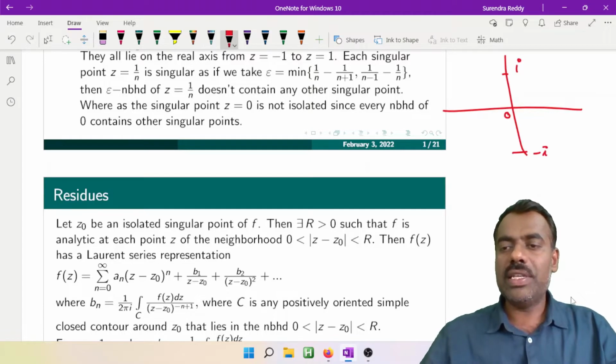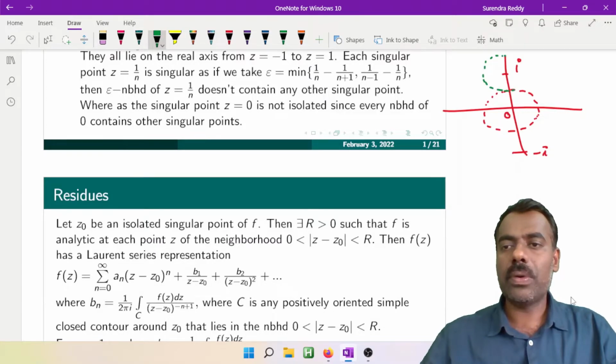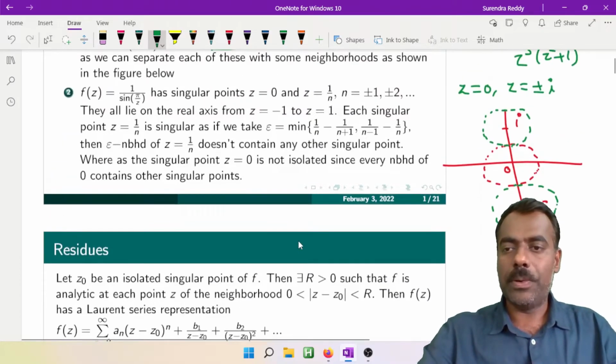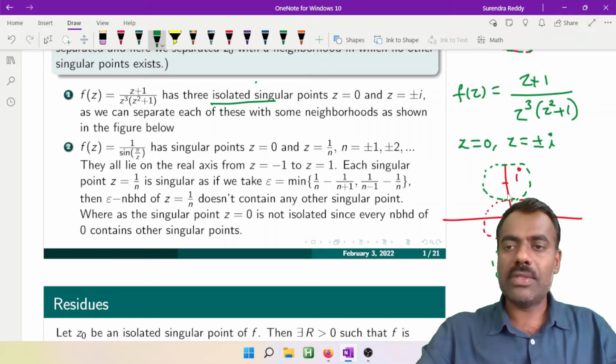We can intuitively check: take radius half, then that neighborhood does not contain i and minus i. Similarly, we can take a neighborhood around i with radius half. Also here similarly, so you can see that these 3 singularities we can separate by a particular type of neighborhood. Therefore these 3 are singular points which are isolated.